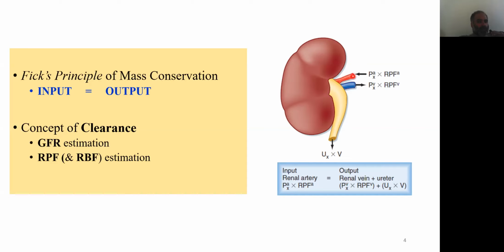What if somehow I could use this highlighter and highlight the blood that is coming through the renal artery into the kidney? So this highlighted blood will go into the kidney.